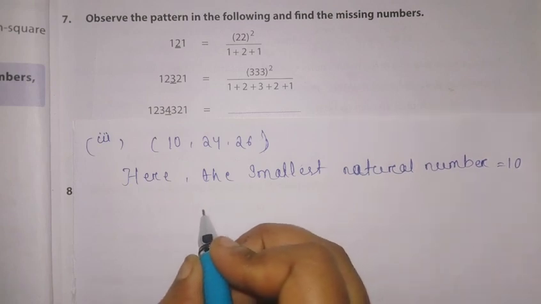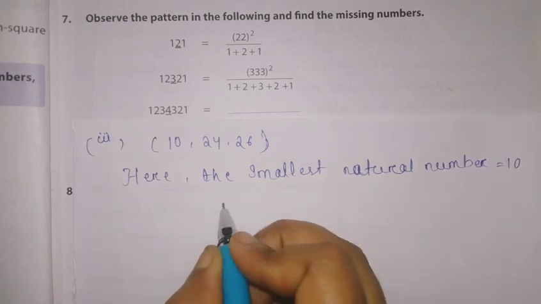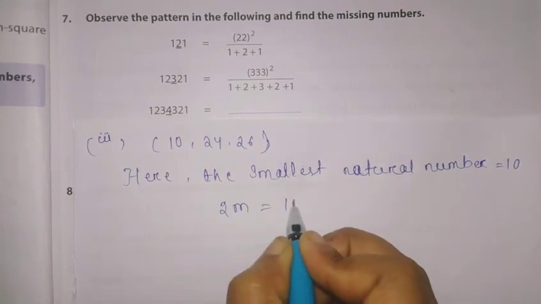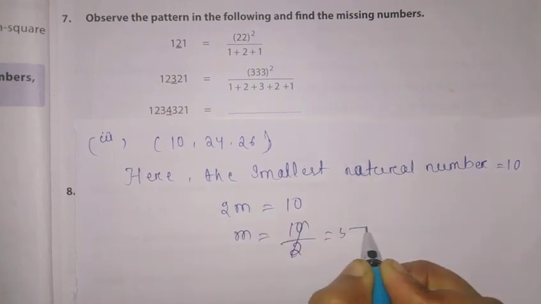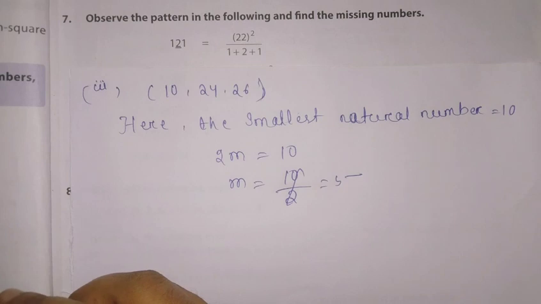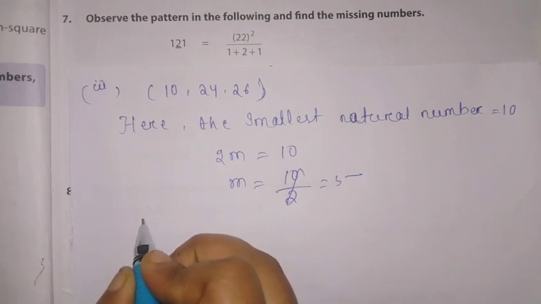Then 2m equals 10, m equals 10 by 2 equals 5.